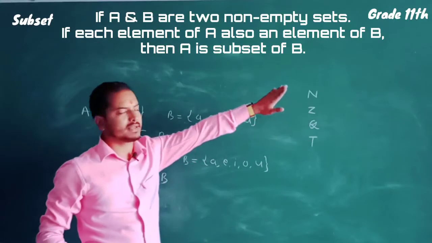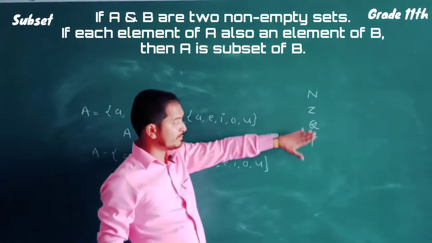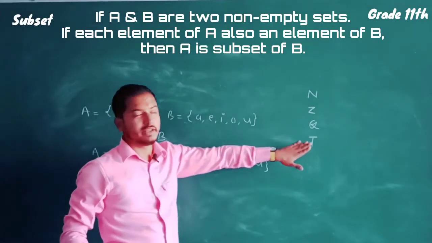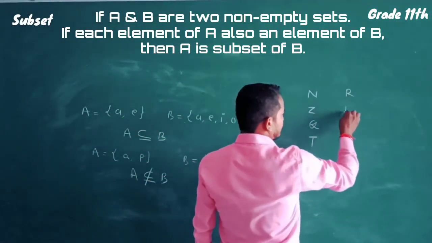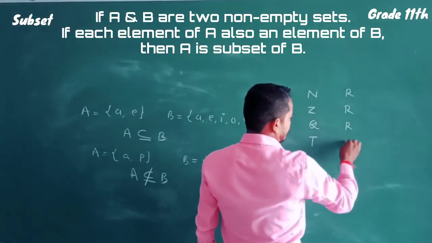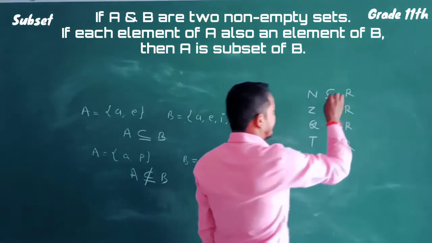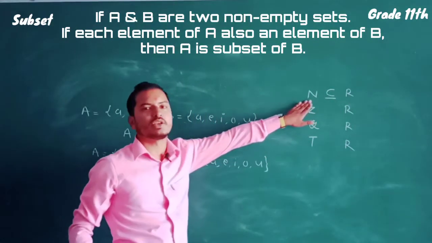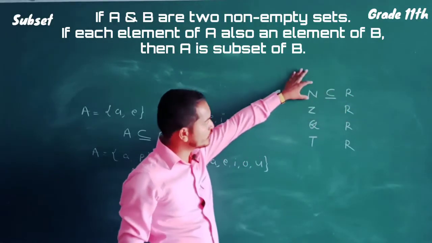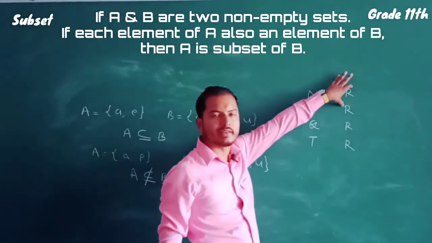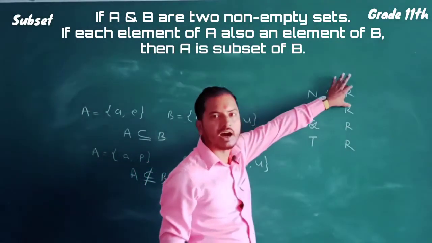Symbol for natural numbers is N, symbol for integers is Z, symbol for rational numbers is Q, while symbol for irrational numbers is T. Symbol for real numbers is R. All the natural numbers are real numbers. If N is the set of natural numbers and R is the set of real numbers, natural numbers are also real numbers. It means N is a subset of R.